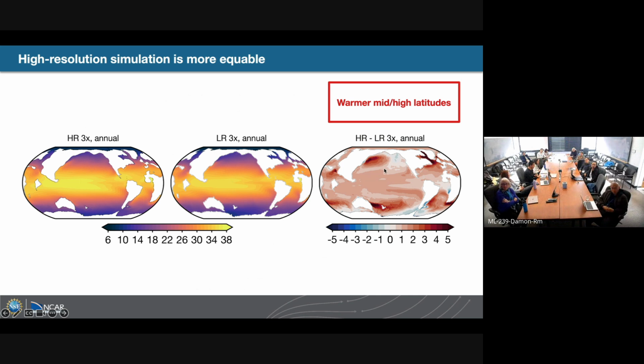And you can see that in general, we have warming everywhere in the tropics and over mid to high latitudes. But interestingly, the enhanced warming is much greater over the mid to high latitudes. So in a sense, we have reduced the meridional temperature gradient in the high resolution simulation. So that's why I think it shows that high resolution is more equable.